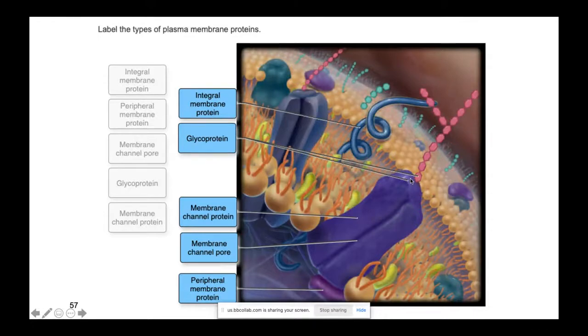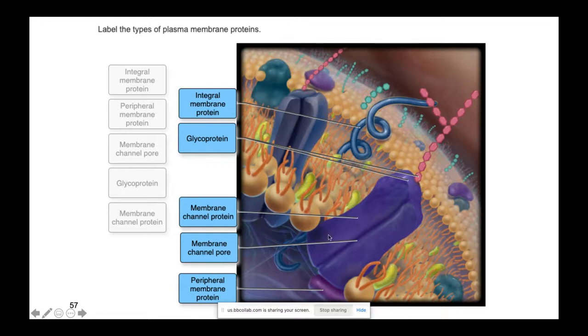These glycoproteins are made up of protein and carbohydrate together. Glycoproteins are important. Some of them act as like cell identity markers, that type of thing. Like a flag that says, hey, I'm a kidney cell, or I'm a muscle cell, or I'm a liver cell. It identifies itself.